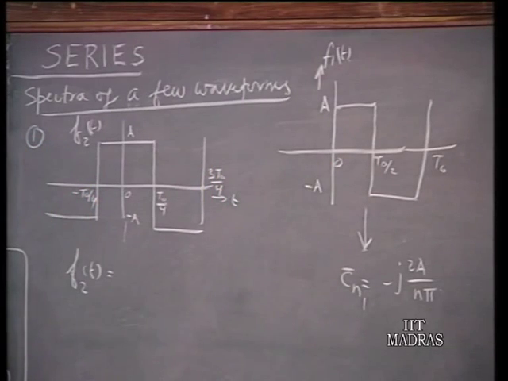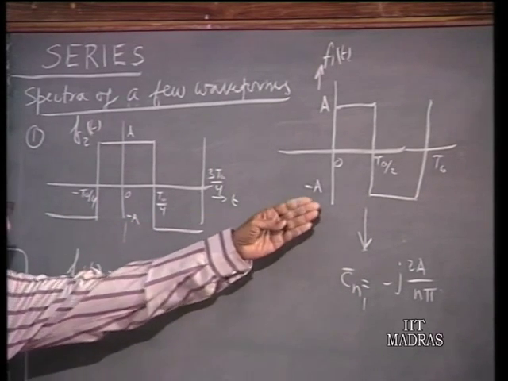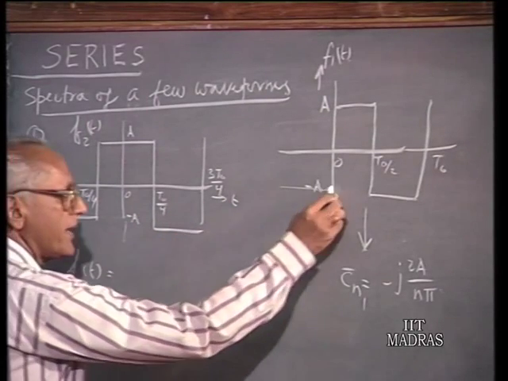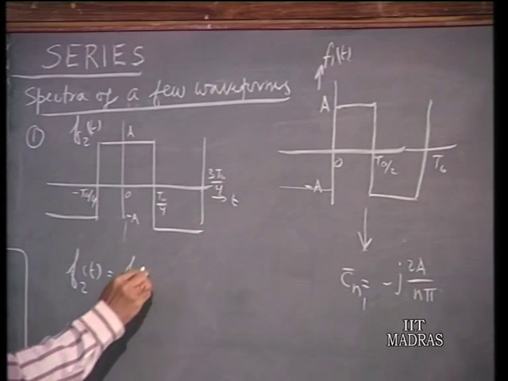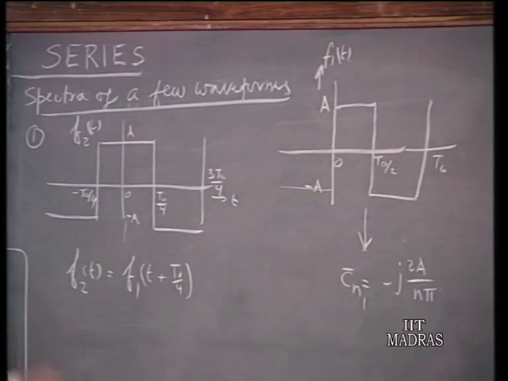Suppose similar events occur t naught by 4 seconds earlier, then this waveform is obtained from that. So a rise from negative a to plus a occurs at 0, now that occurs at t naught by 4 seconds earlier. Therefore, f2 of t can be written as f1 of t plus t naught upon 4. So the whole thing is advanced by t naught by 4 seconds.